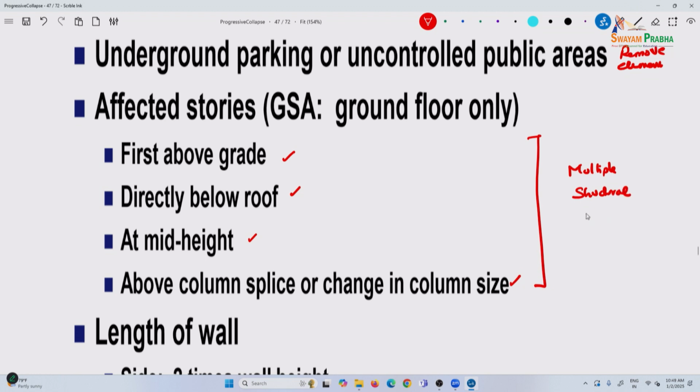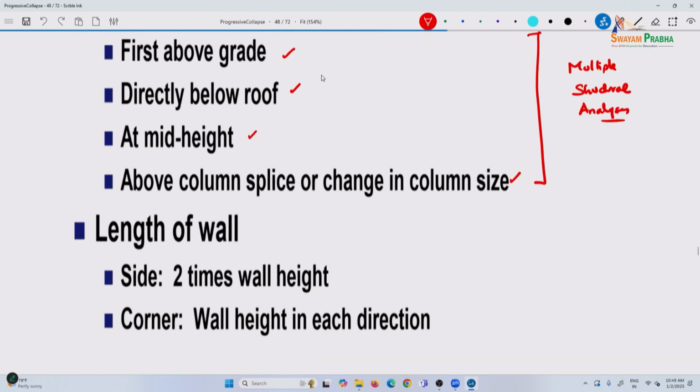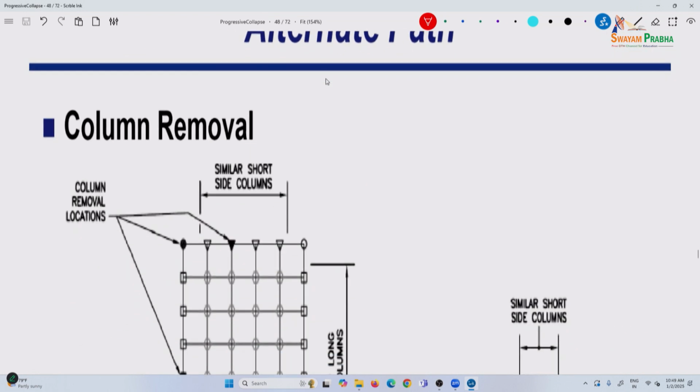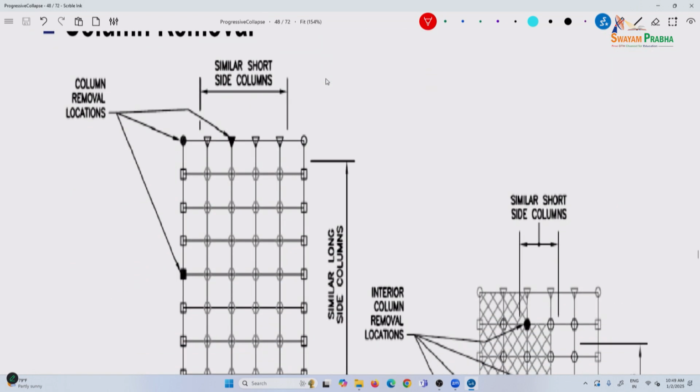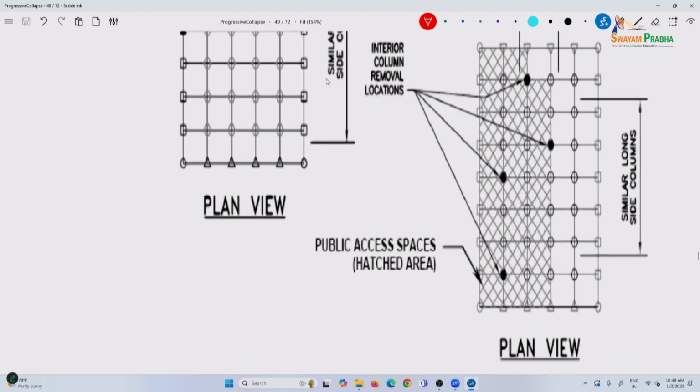You could end up with a dozen structural analyses, especially if you have lots of load combinations, then you have to look for multiple analyses for all of those load combinations in each removal case. So, cost wise it can be pretty significant for the client.